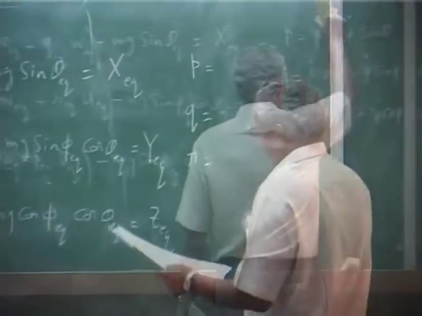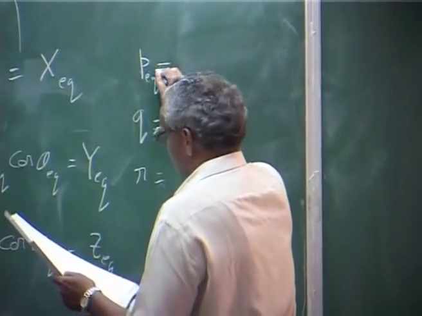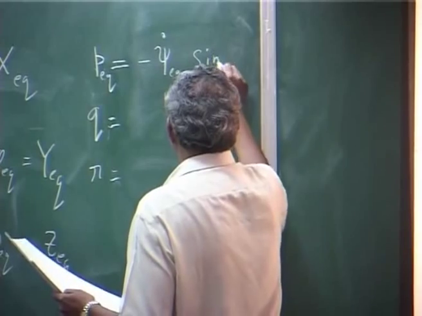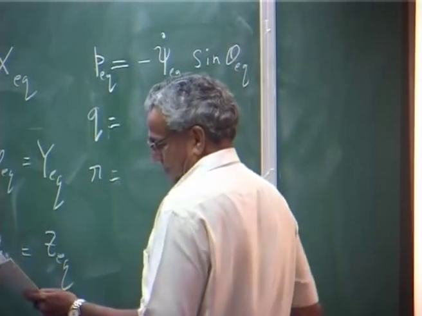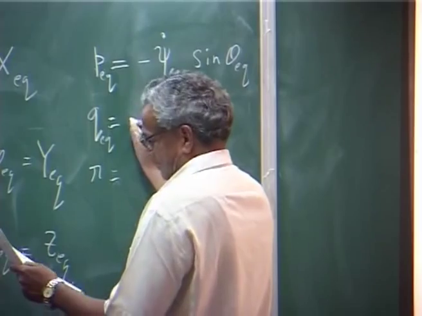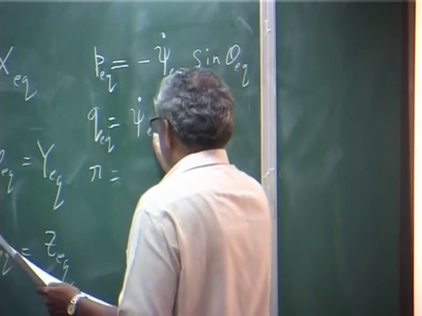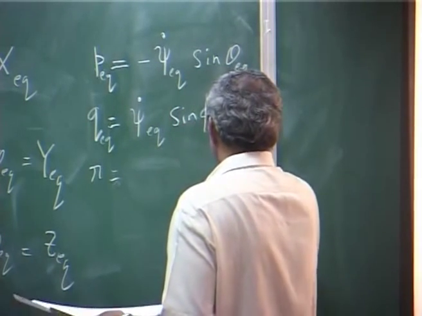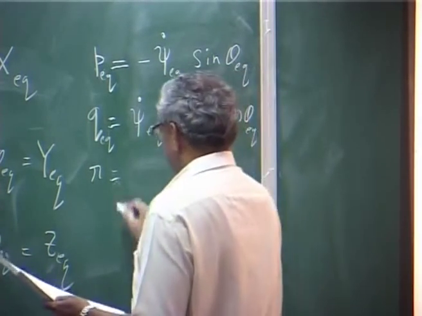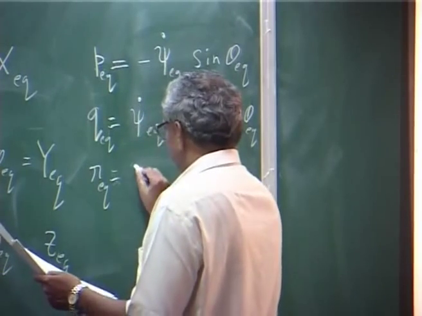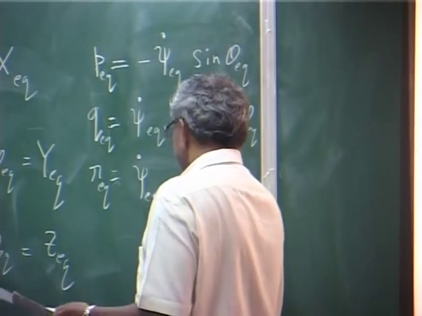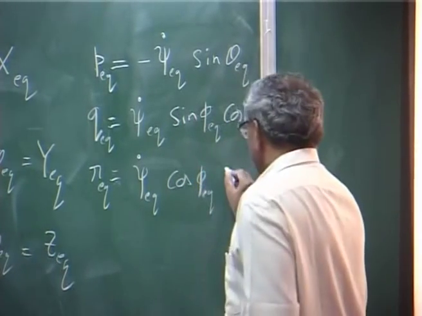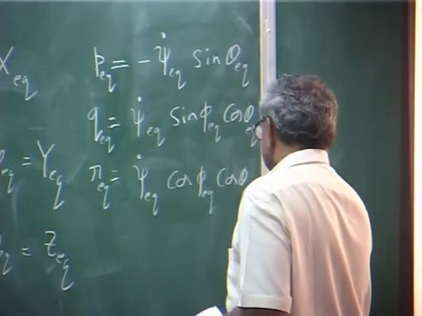So what will happen is P equilibrium is minus psi dot equilibrium sin theta equilibrium, Q equilibrium will be psi dot sin phi eq cosine theta eq, and then R eq becomes psi dot equilibrium cosine phi equilibrium cosine theta equilibrium.